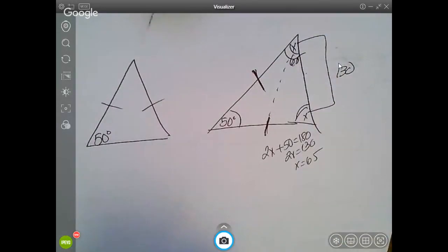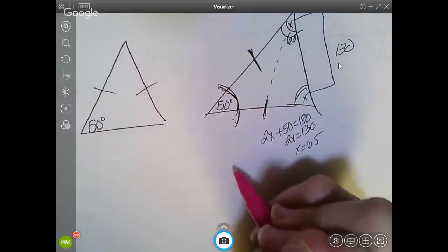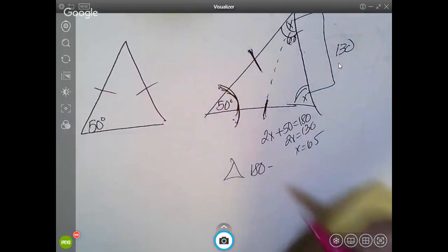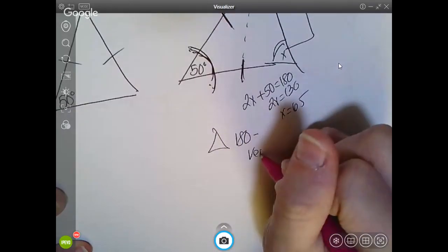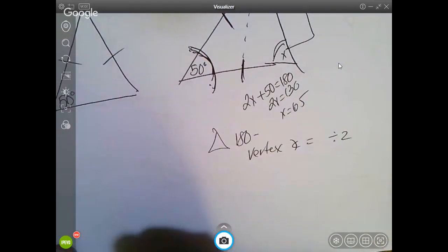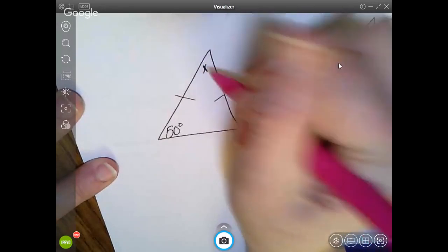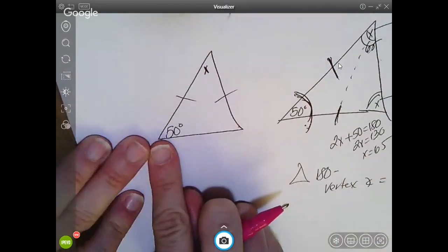Yep. So when they give you the vertex angle, you take the 180 degrees in a triangle, you subtract the vertex angle, and then you divide by 2. But here, in this case, they gave you 50.